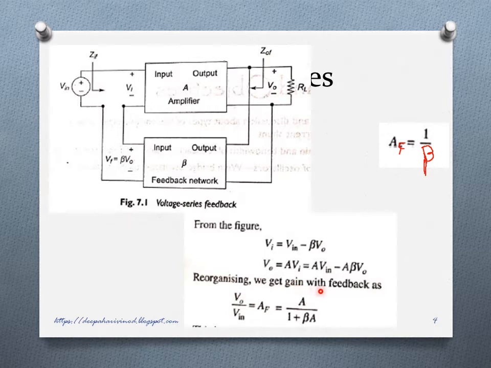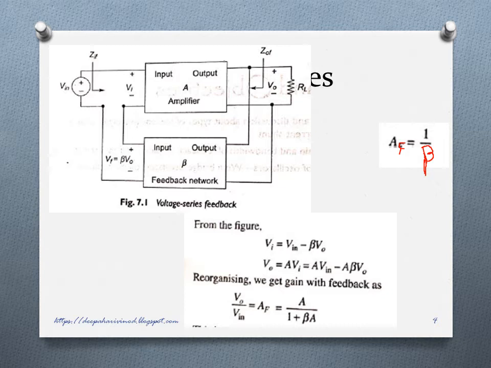Reorganizing, we will get with the feedback VO by V in equal to AF, that is gain with feedback, which is equal to A divided by 1 plus A beta, that is AF equal to 1 by beta. That is, the feedback gain is independent of amplifier gain A.